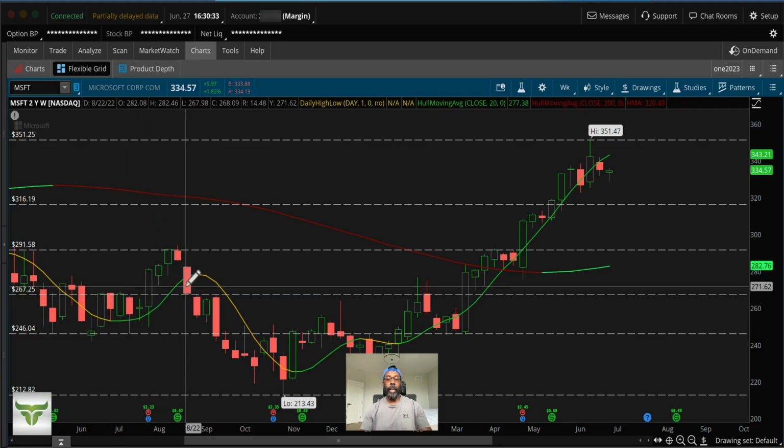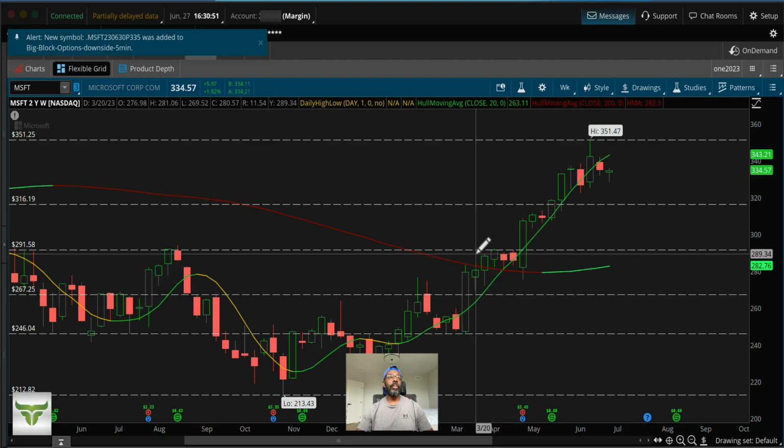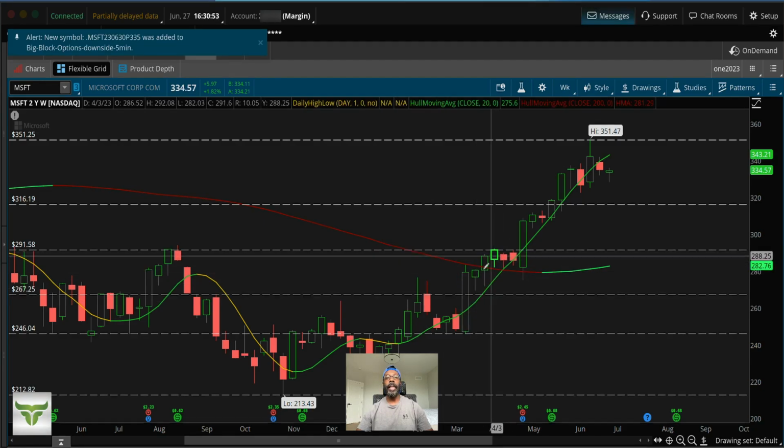And then all of a sudden right here, you see a little bit of support, right? And then right back here, you see resistance once again, big mighty candle broken through there. But that could be another resistance point for you and a support level for you to be looking at. So you can be looking at 291.58 to be getting out.